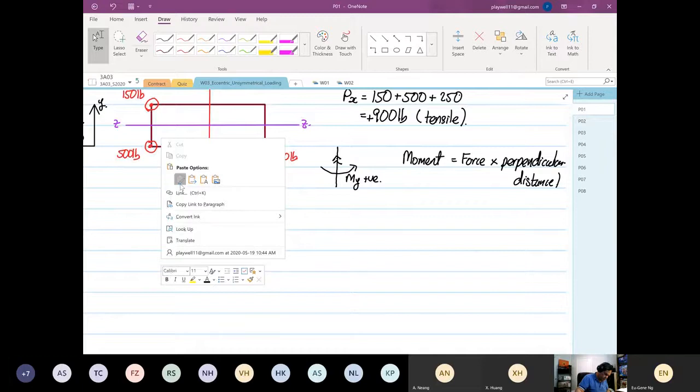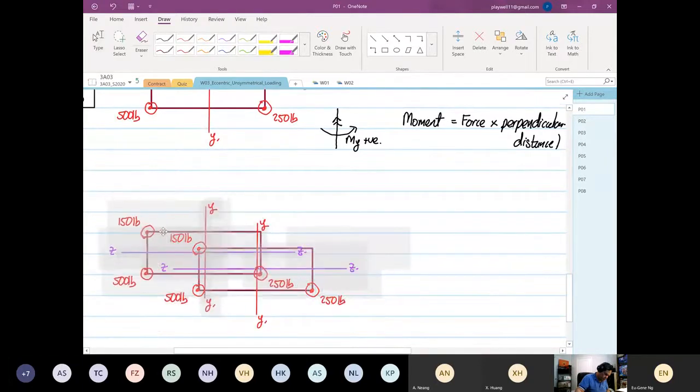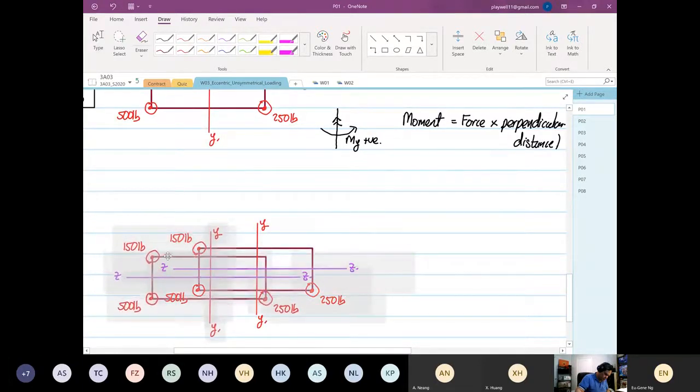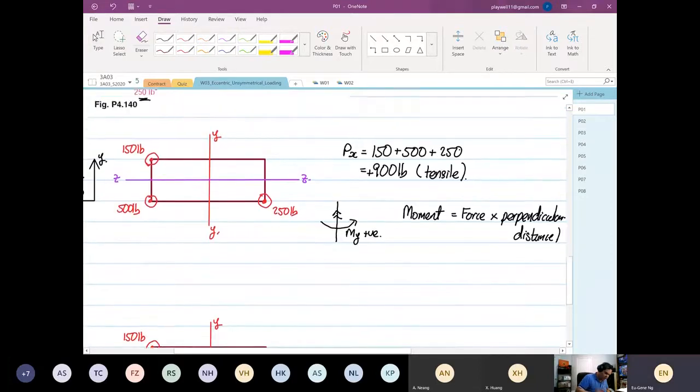The critical thing is, what is this perpendicular distance? Everything is measured from the y-axis, right?